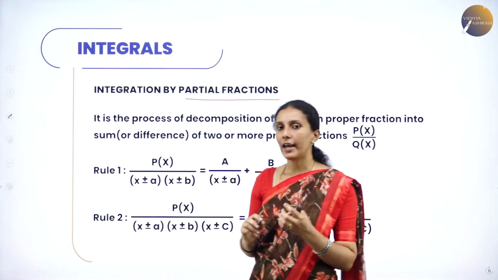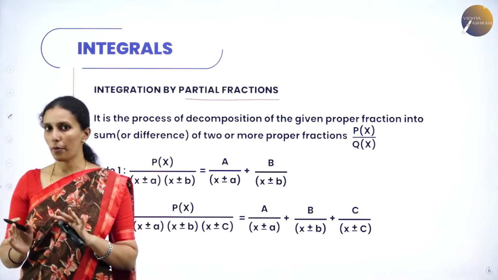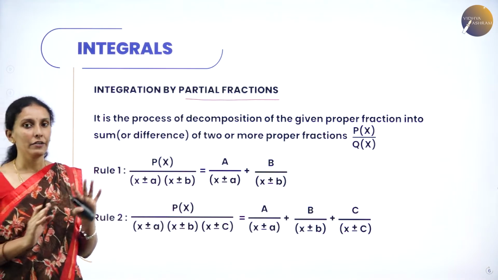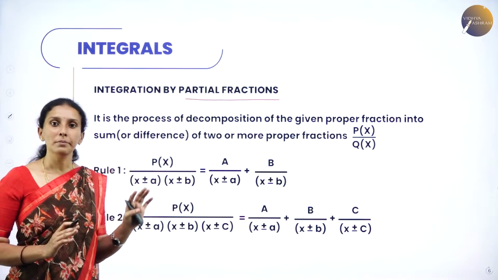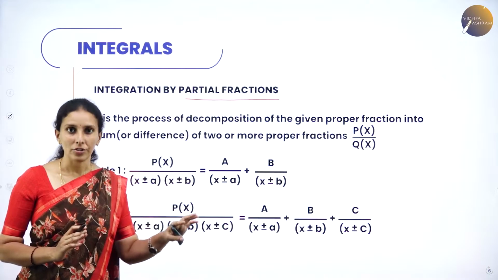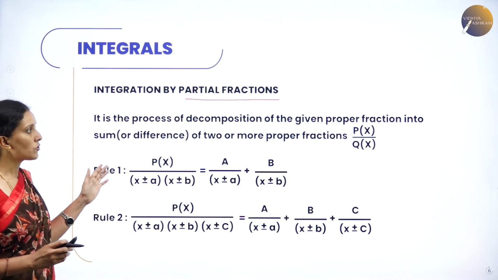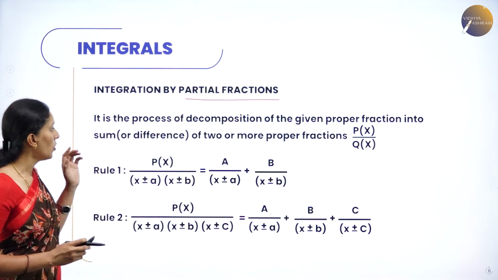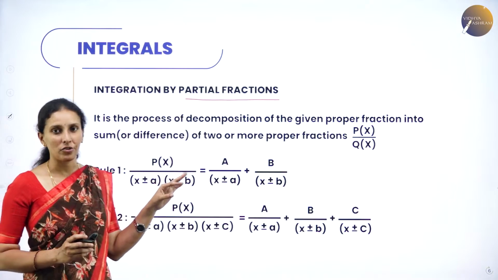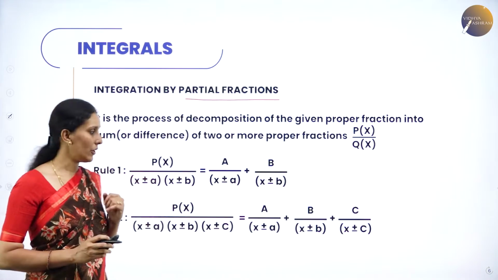There are different types of polynomials and factors under the denominator, and based on that, we have clearly given a rule to find a simple proper fraction by the method of partial fractions. This is nothing but the process of decomposition of a given proper fraction into two or more simple fractions, and then we will apply the integral to find the integral value.